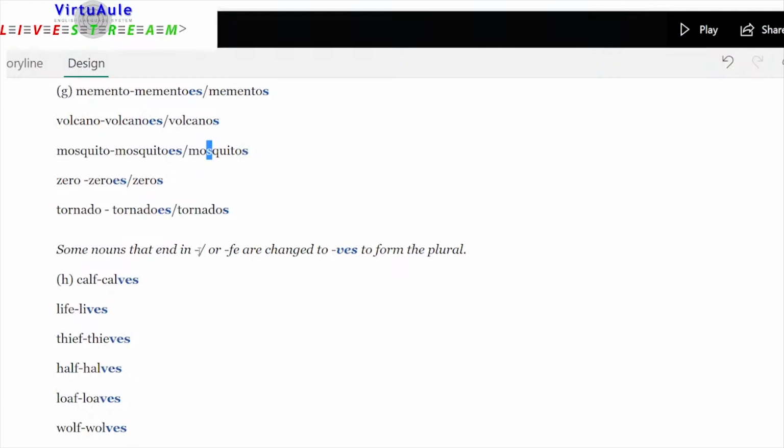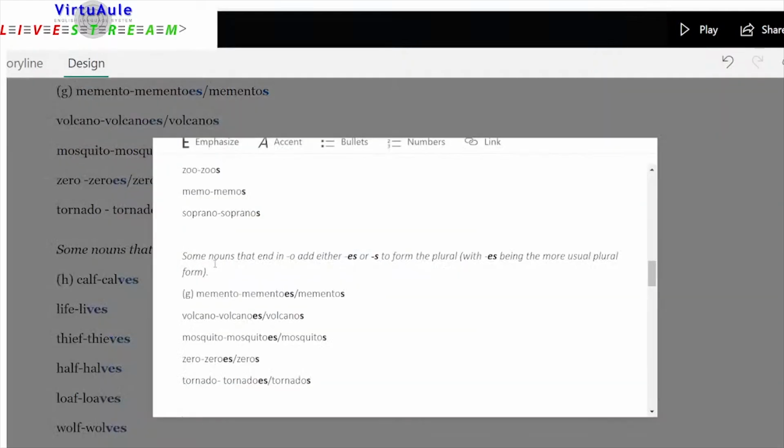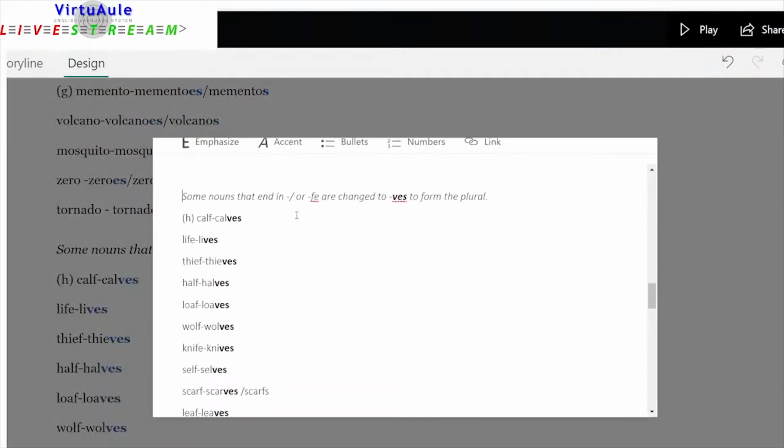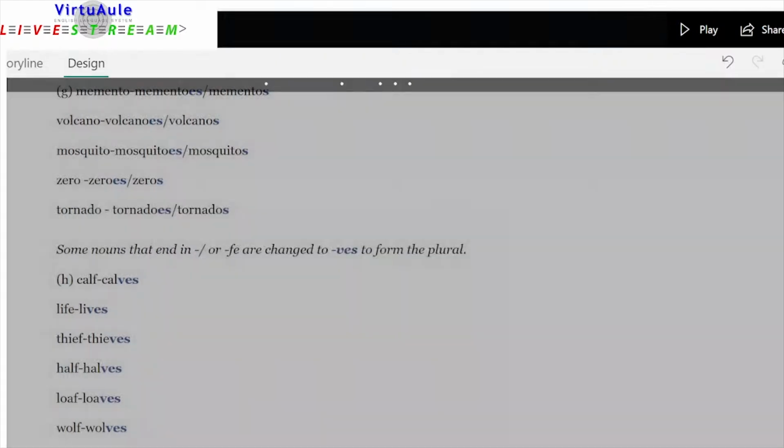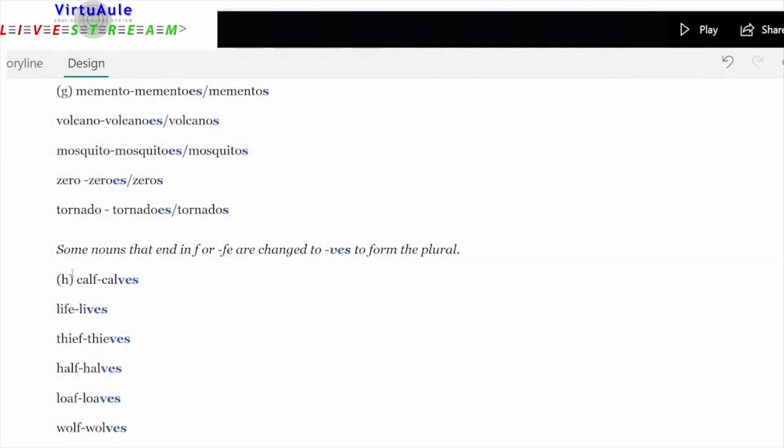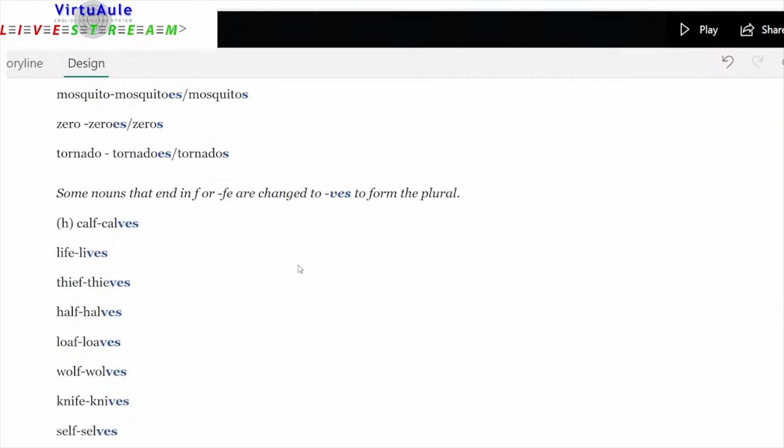Some nouns end in the F. Oh, that's not an F there. That's some kind of symbol that is written strangely. Okay, so we have some nouns that end in F or FE that are changed to VES to form the plural.